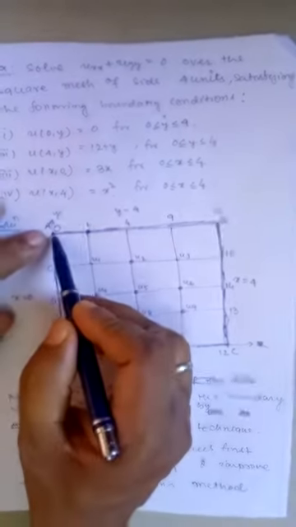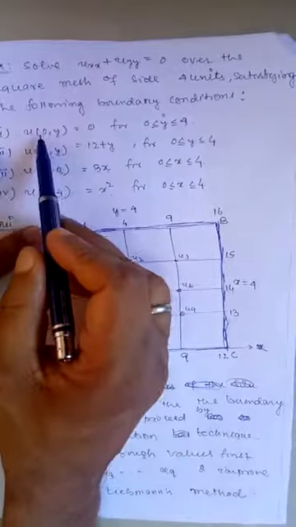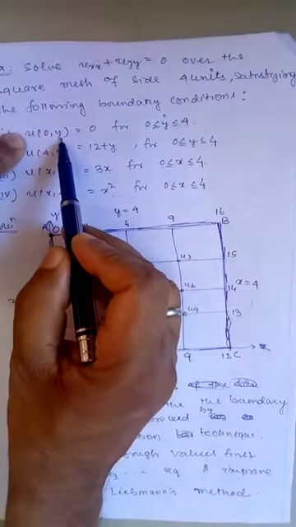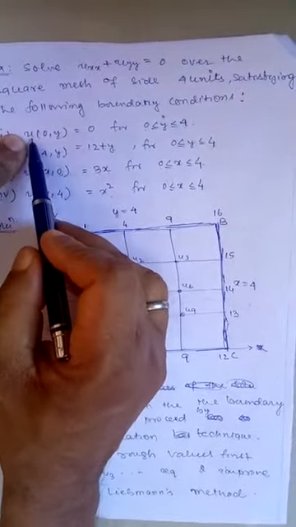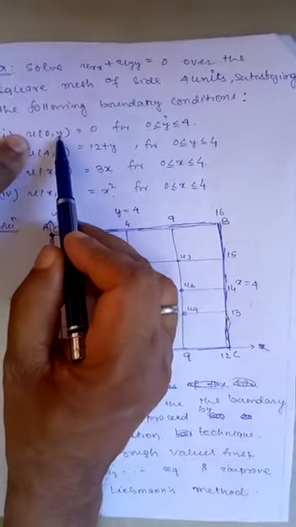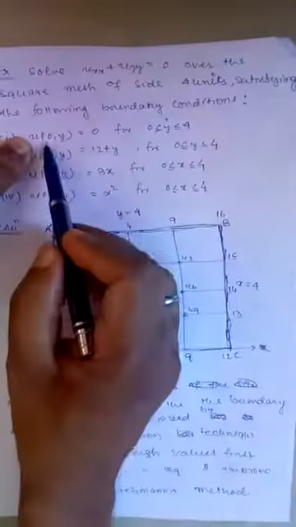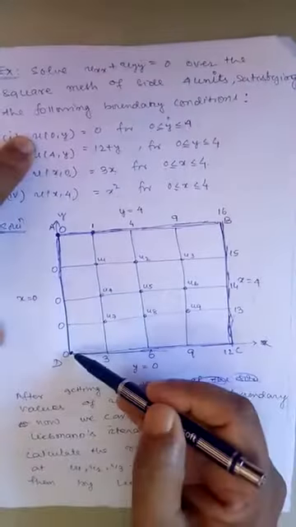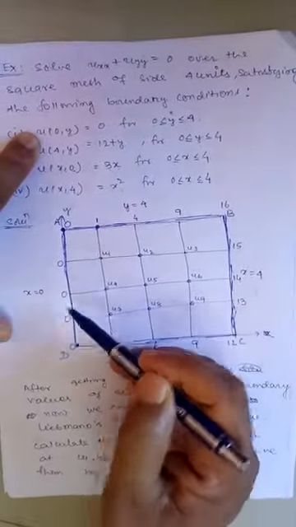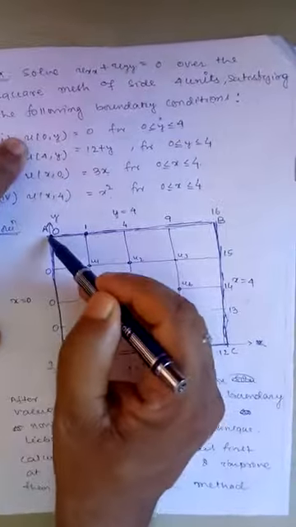So I will get here first x equal to 0, y equal to, so suppose I will go for this one, x equal to 0, y equal to any value between 0 to 4. So what will happen? It will be 0. So 0, 0, 0, 0, 0.